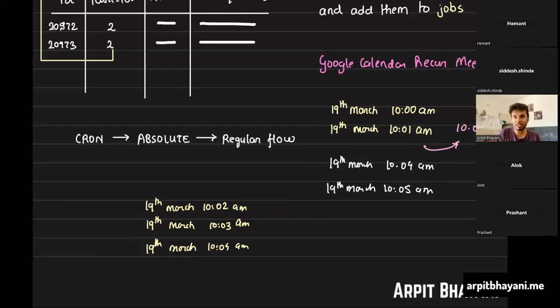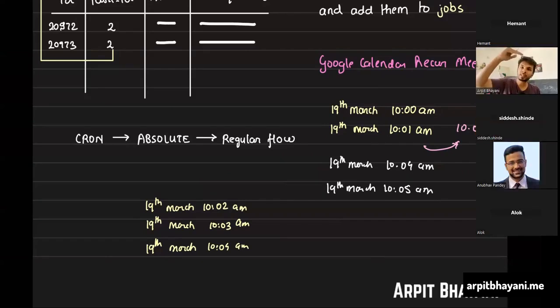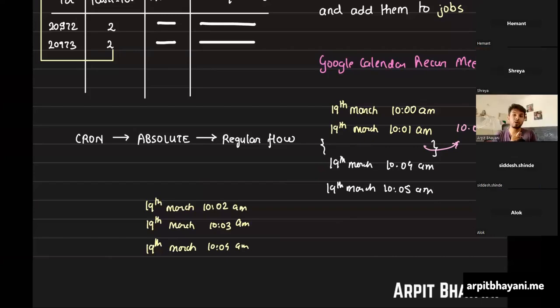So because you breached the SLA on one of the tasks, you have missed executing it 2 times, 10:02, 10:03. So it might not be okay.